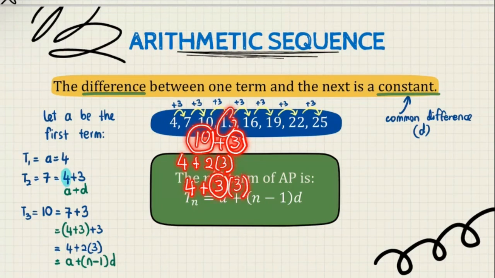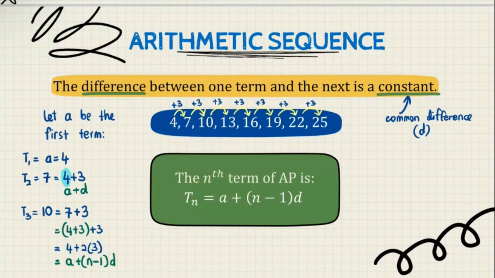So 3 ini datang daripada mana? n minus 1, 4 minus 1 lah. Okay, so that is the pattern untuk arithmetic sequence. So that's why the formula for nth term, n term itu maksudnya adalah term yang keberapa, of an arithmetic progression adalah Tn equals to a plus (n minus 1)d. Okay, so ini adalah dia punya formula lah. And then this formula kamu kena ingat sentiasa.